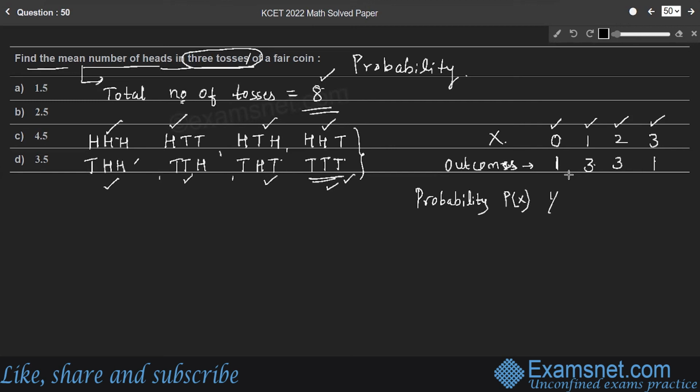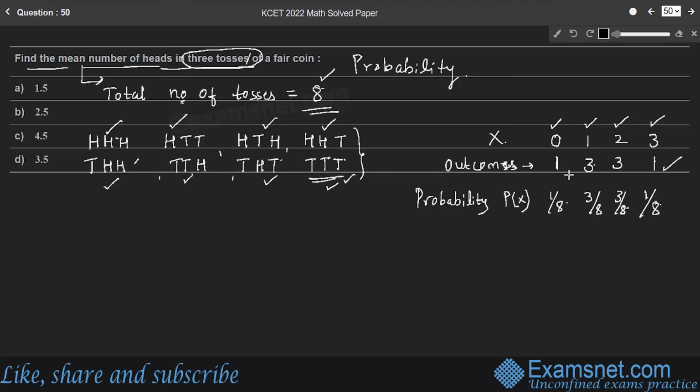So 1 out of 8 tosses, you will get 0 heads. 3 out of 8 tosses, you will get 1 head. 3 out of 8 tosses, you will get 2 heads. Whereas again, 1 out of 8 times, you will get all 3 faces as heads.